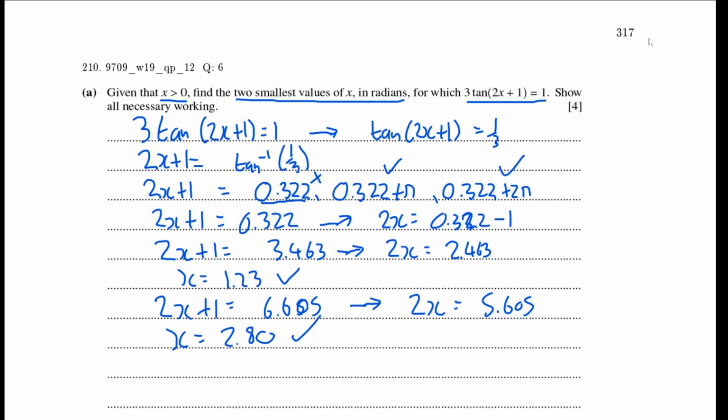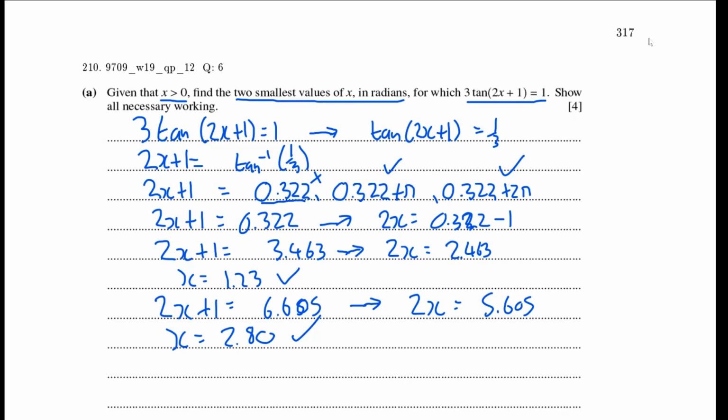Now, before I go, I just want to mention the potential pitfalls. So number one is continuing on from the inverse tan of a third. I've seen a lot of times where students don't actually output the values. So your first step, whenever you've got a question like this, where you've got stretches and shifts and that kind of thing, is rearrange for the inverse trig function and then get some values out.